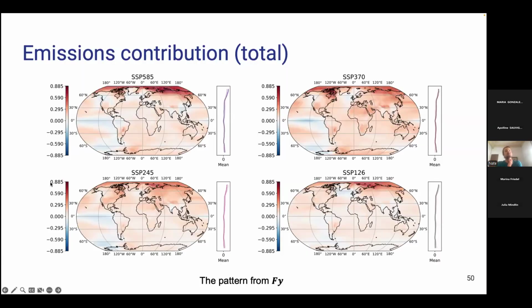And so the first thing that we do is we plot all of BY for some years and take a look at the patterns. So we approximate B by F, so we're plotting Fy, and this is the forcing contribution to the next year. And we see some nice patterns.